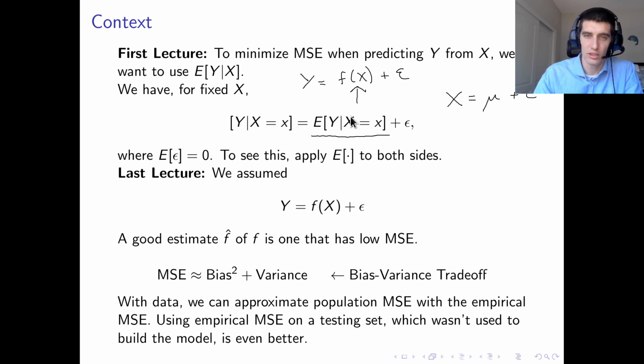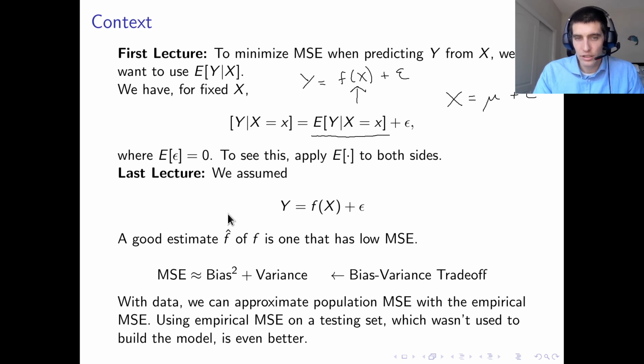As x moves, the conditional mean of y given x is our function f. That's the connection between the first two big concepts, and we're going to pick up and talk about this more in this lecture. I just wanted to remind us where we're at and fill in a little of the gap between the two lectures.